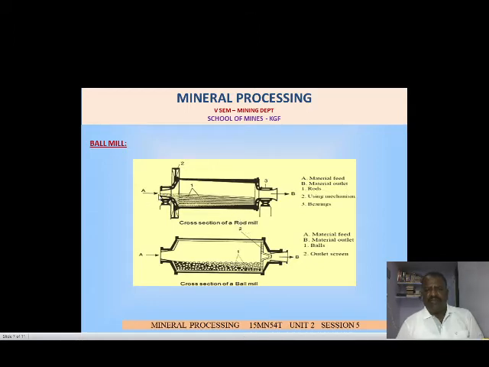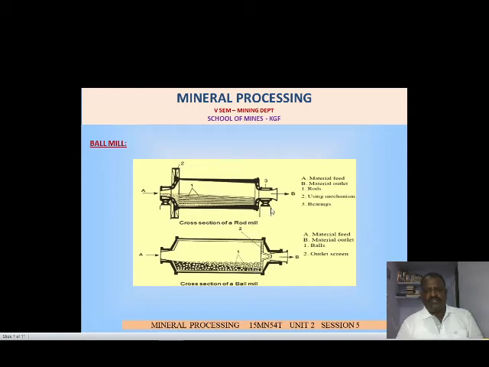When material is fed in this direction, this B is the material discharge. In the same manner in the ball mill also. Here, these are rods which are put in the chamber. Instead of rods, here balls are put in the chamber.